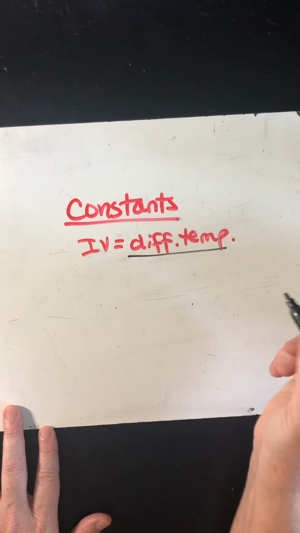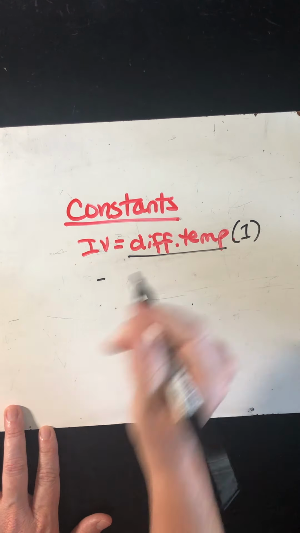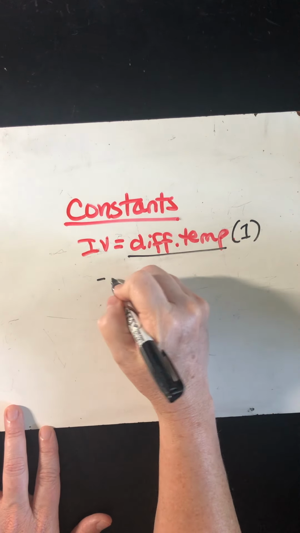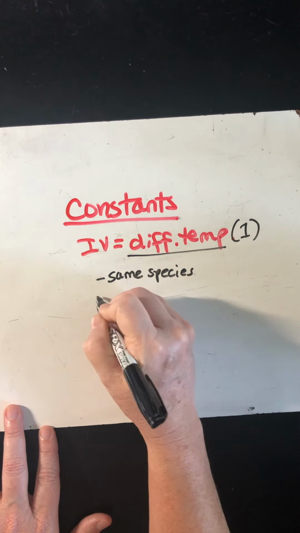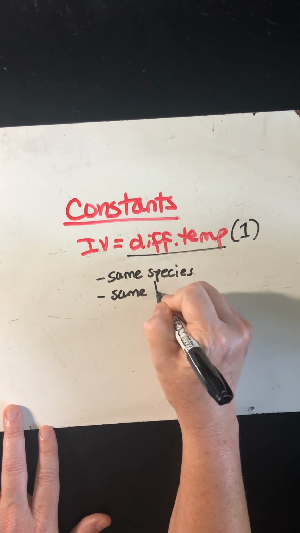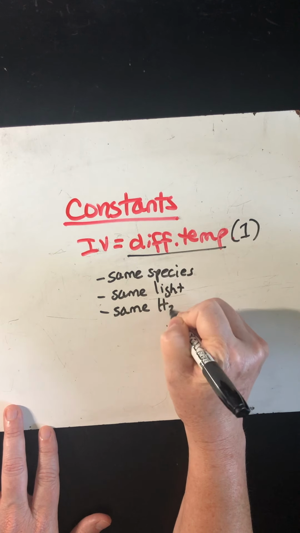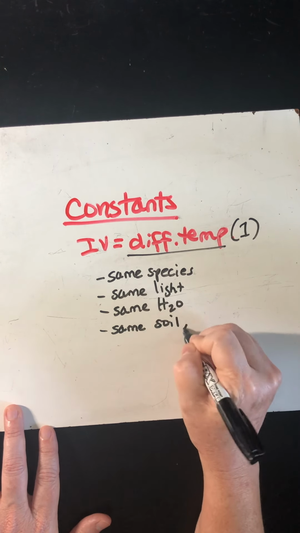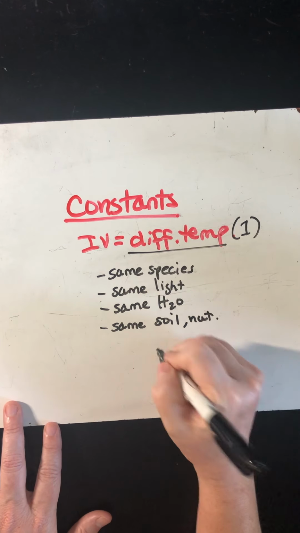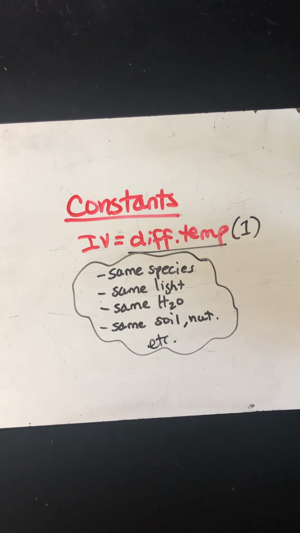But because the temperature is the only thing we want to change, if we're doing it to plants, we want the same species of plant, the same light, the same water, the same soil, nutrients, etc.